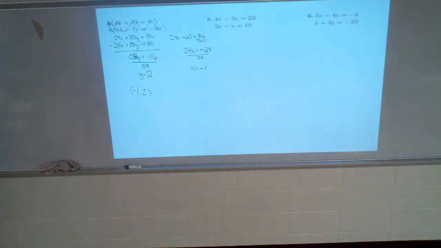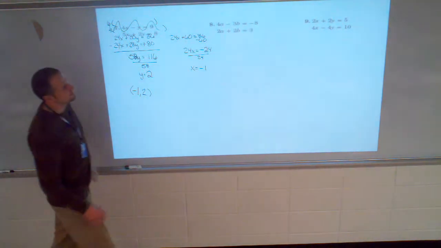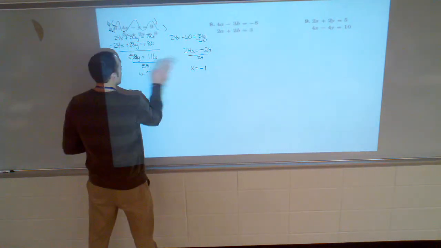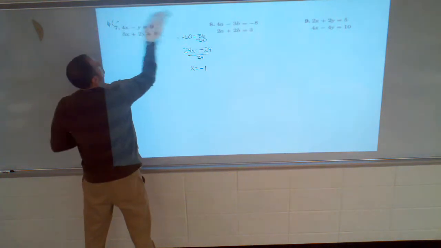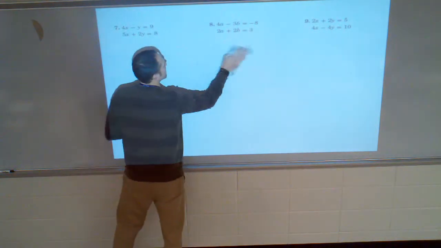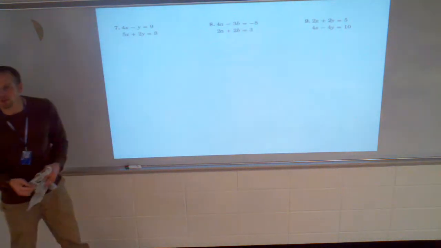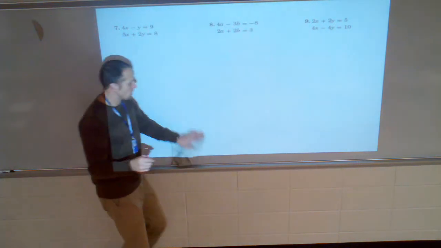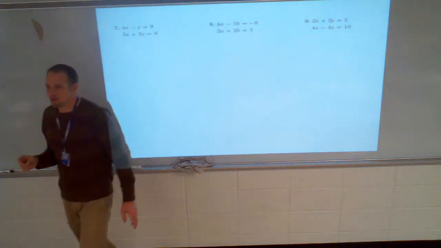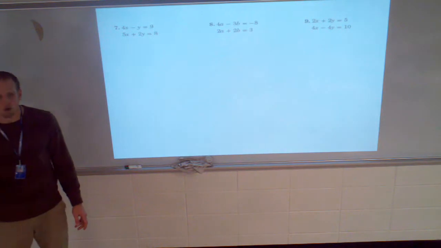All right? Let's do number 9. Now, first of all, let me show you something. Wait just a second before you go. You remember how I told you there may be a faster way? Okay?